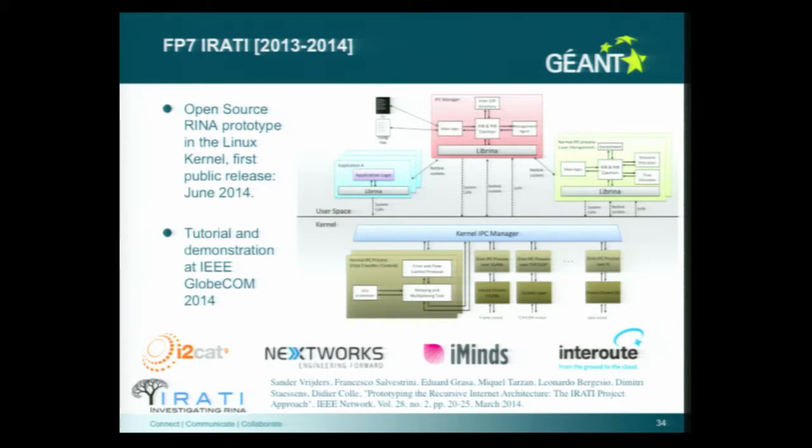We have an implementation of the complete normal DIF in the Linux kernel. And the management interface is minimal; that is going to be extended in PRISTINE. There will be a tutorial and demonstration at IEEE GlobeCom this year. You can also find this architecture in the March issue of IEEE Network this year.